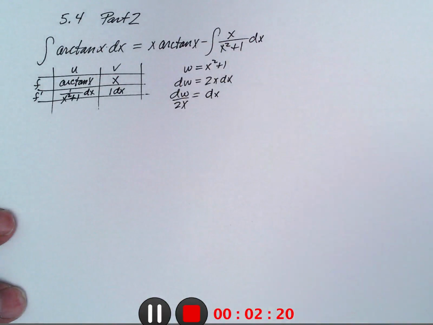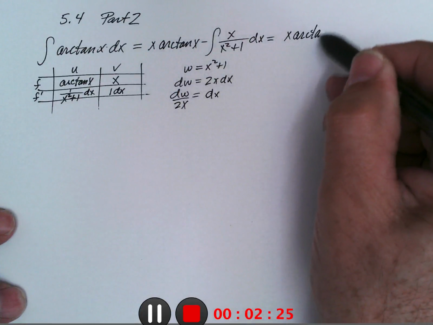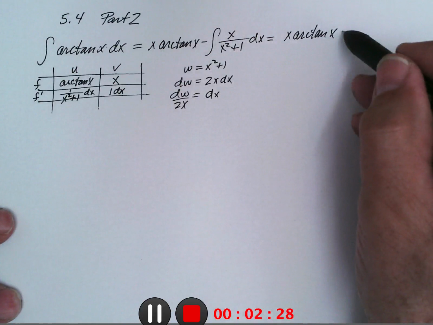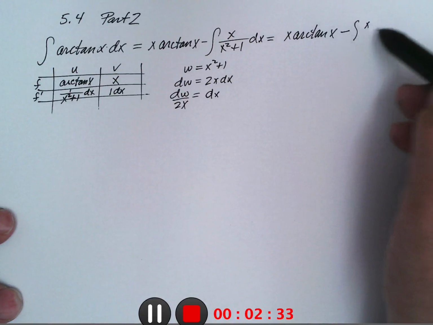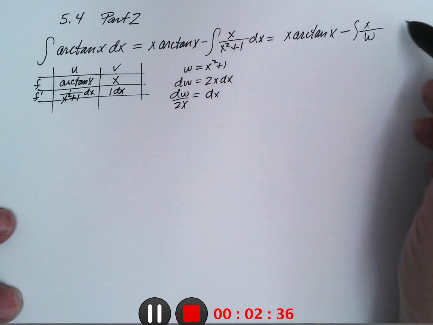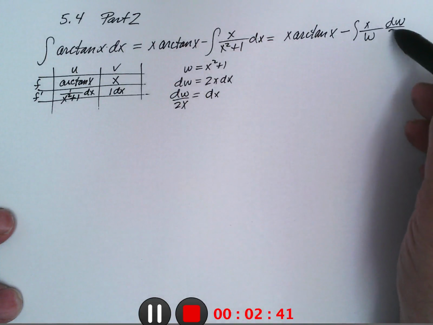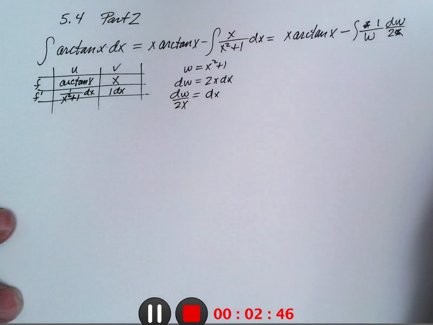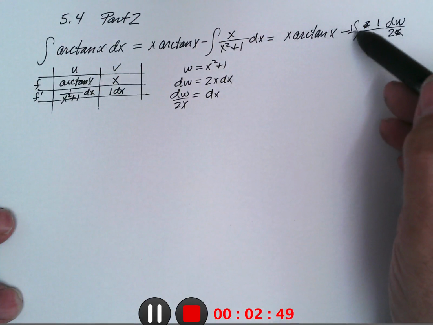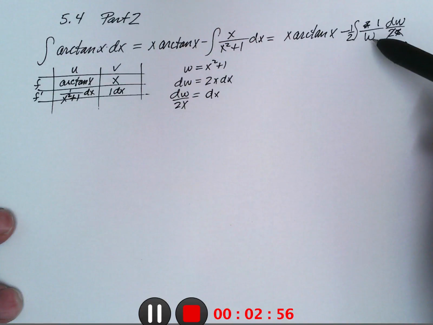And so we get x arctangent x minus, I'm going to leave that x there, and this is going to be w, and dx is dw over 2x, and the x's cancel. The 2 can come out as a half, and so I just got the integral of 1 over w dw, and 1 over w integrates to ln w.